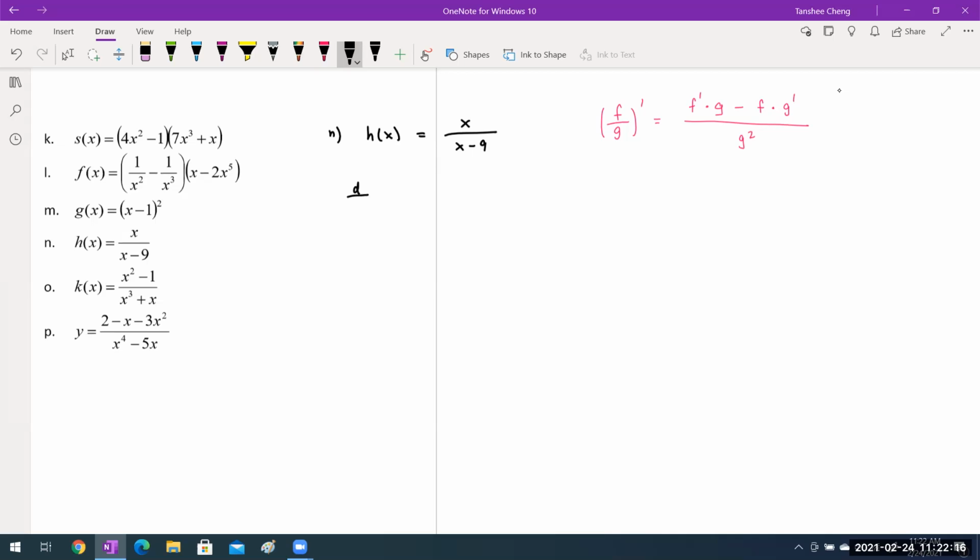So now when we take the derivative with respect to x for this function h, I'm going to write it out in an expanded format step by step for this problem.